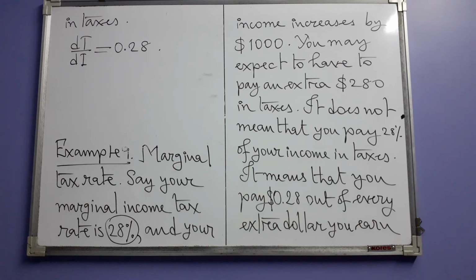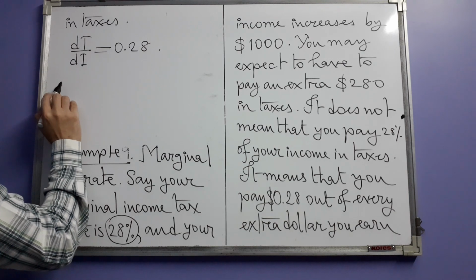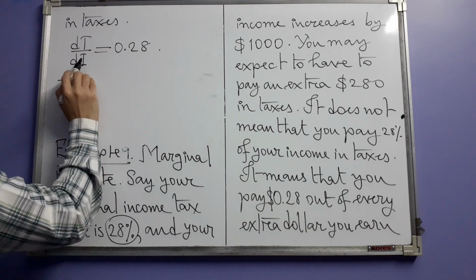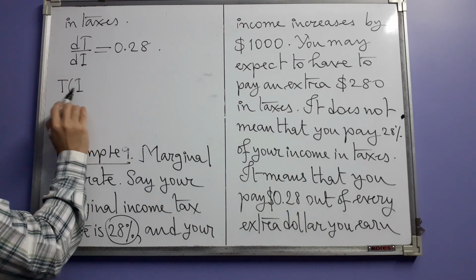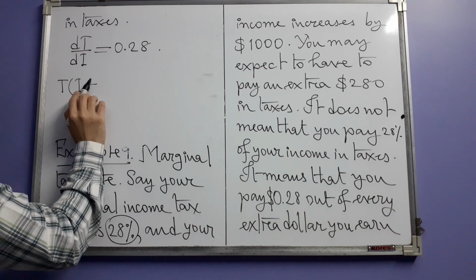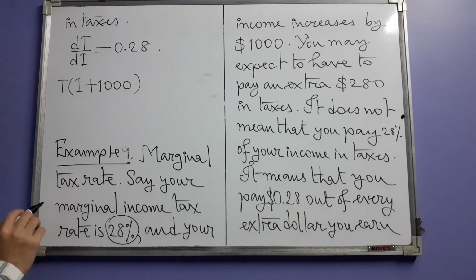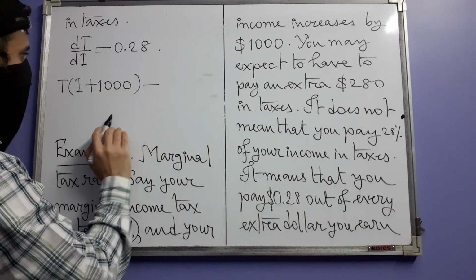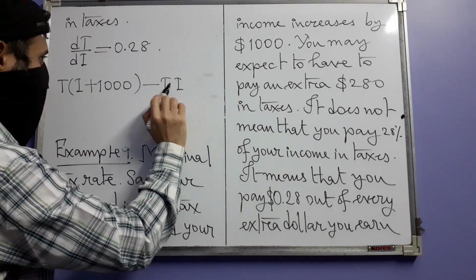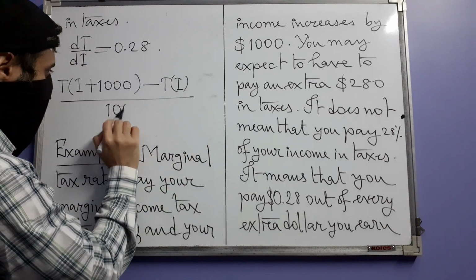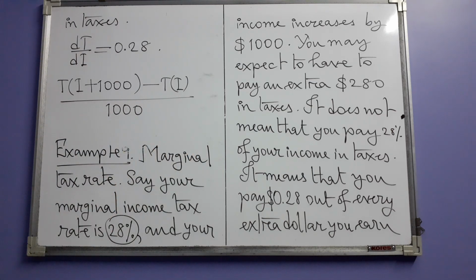This means that if your income, say whatever your original income was, it was I dollars, gets increased by 1000, then this is your difference quotient, that is approximately equal to this derivative.